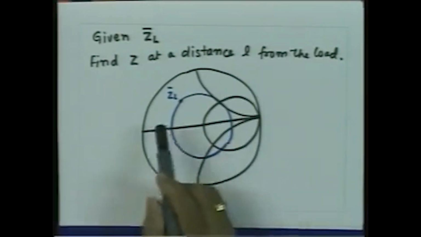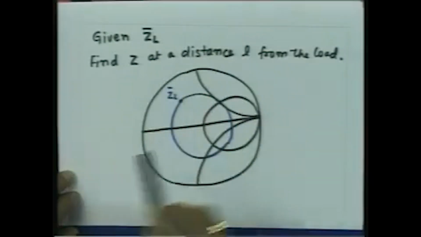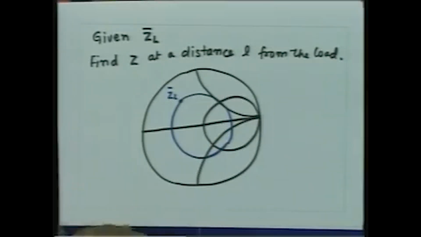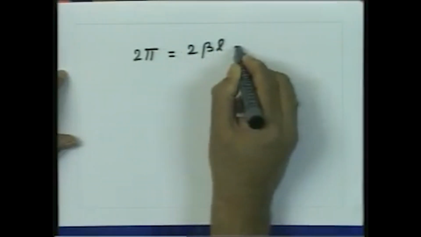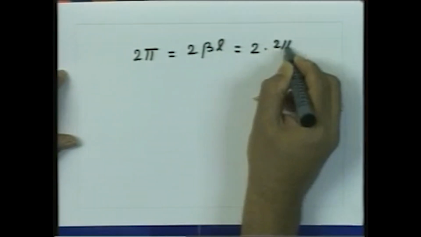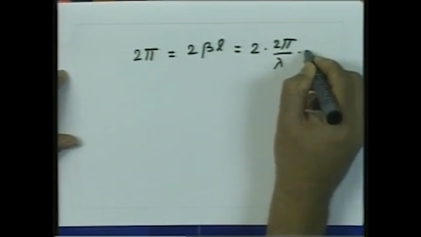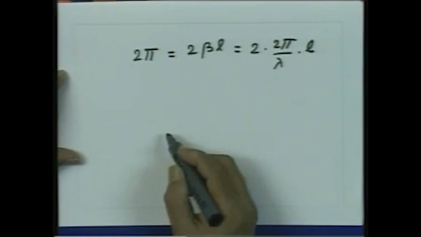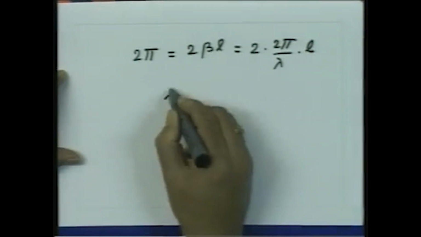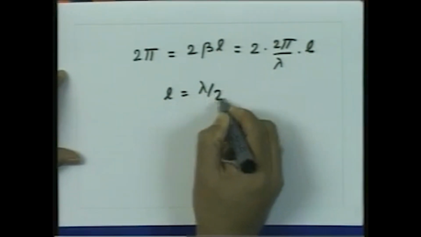A distance of 2βL: if I take one rotation on the Smith chart, the angle change will be equal to 2π. If I move on the Smith chart by 2π, that is equal to 2βL = 2 × (2π/λ) × L. So, L will be equal to λ/2.